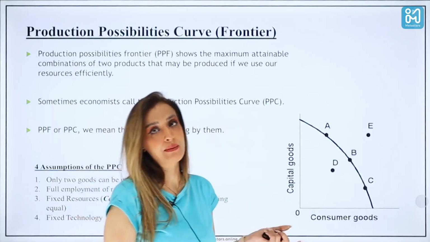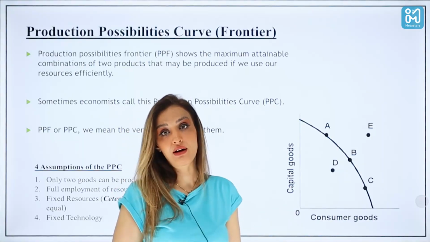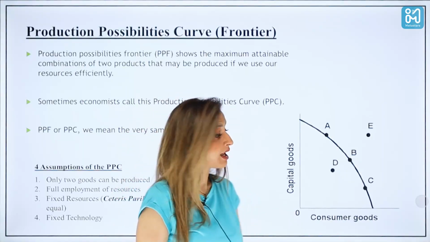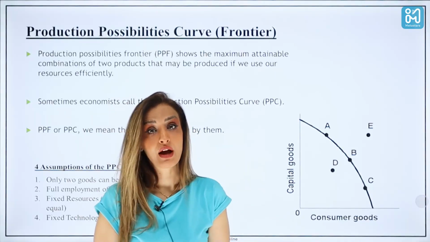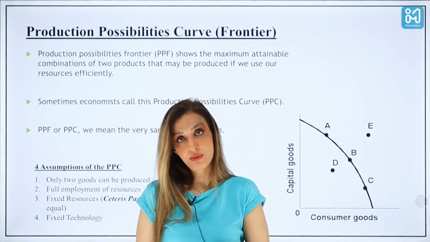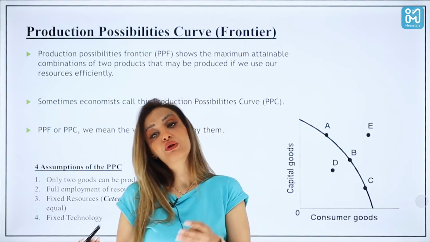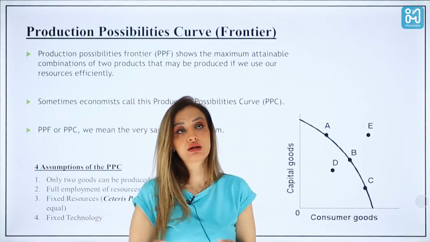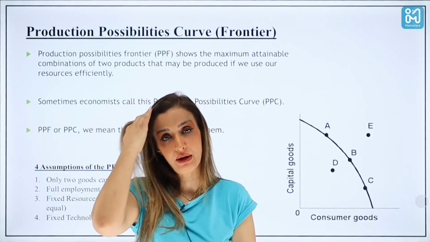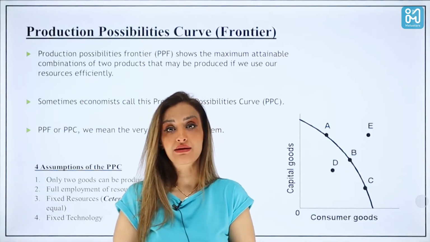I can't remember if I mentioned that before, but I think I explained it already. But let's revise it quickly. Capital goods and consumer goods, what's the difference between them? Capital goods are goods and consumer goods are goods also. But capital goods are the goods we produce to produce the consumer goods. For example, if you want to produce chocolate with milk, you need a machine for that.